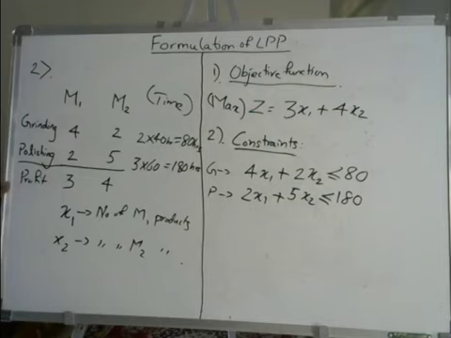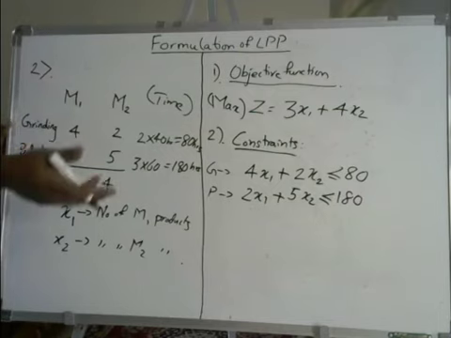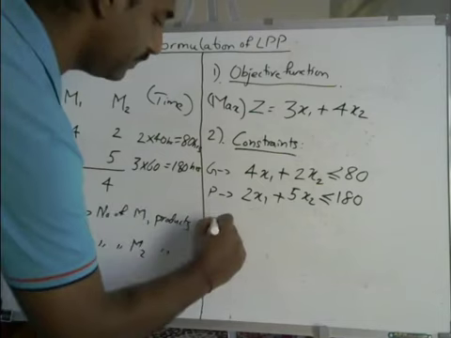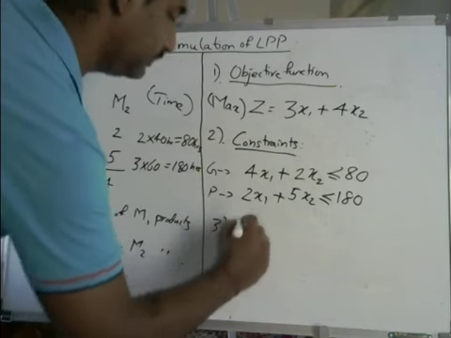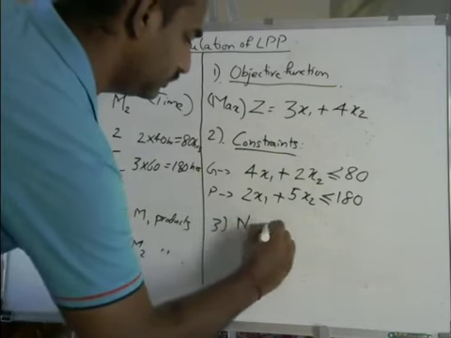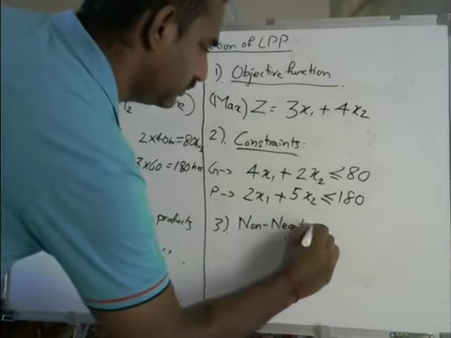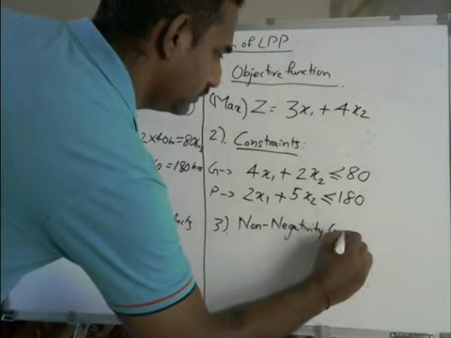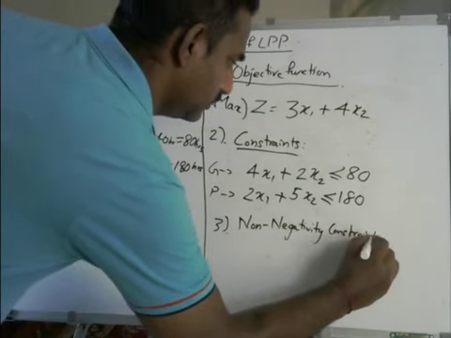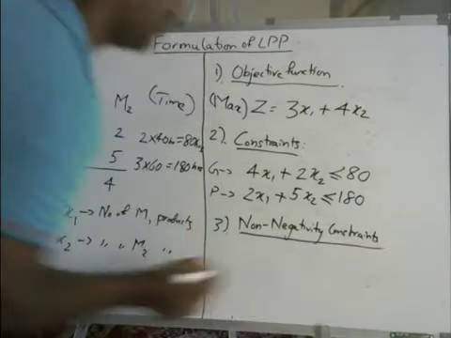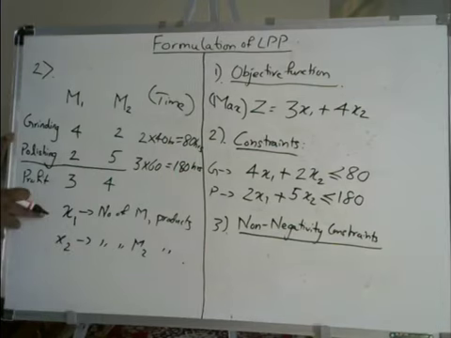So these are the constraints which are there. There are no other constraints other than these two. So let us go for the non-negativity constraints. Of course, we cannot produce x1 and x2 in negative.